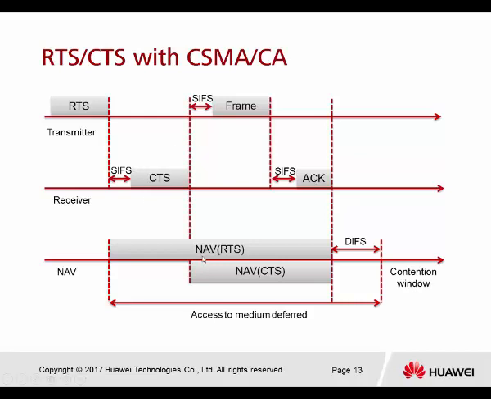Below here you notice there is the NAV for RTS. This only happens when the AP receives the RTS. Once I have received the RTS frame and confirmed this user has the highest priority, at this moment I'm going to block the channel, so the channel will not receive any more RTS. Even if another new PC joins the network and tries to send me an RTS, I will just reject it.